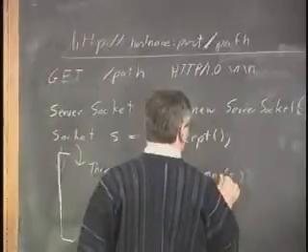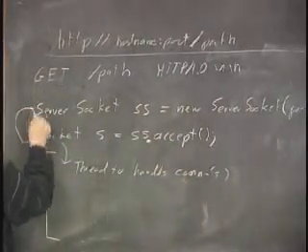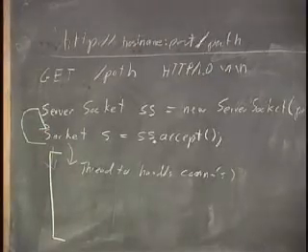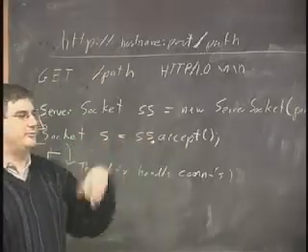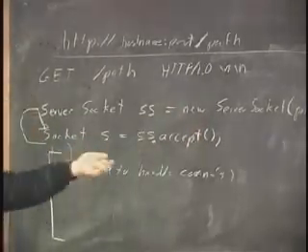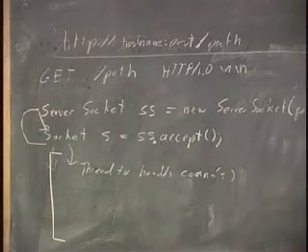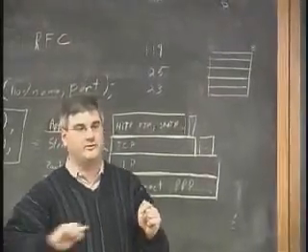You give it this socket, and this thread just goes back and waits for somebody else to connect. So you have one thread that's basically in this accept loop, just waiting for people to connect to you, and as they come in, you spawn off threads saying, here, deal with this one, deal with this one, deal with this one.